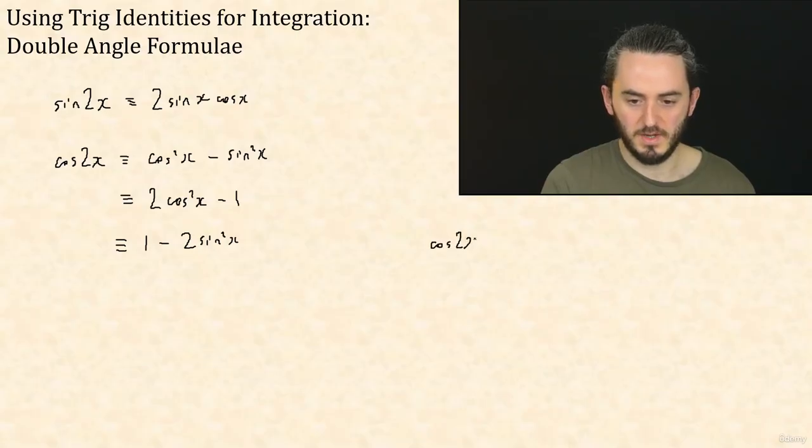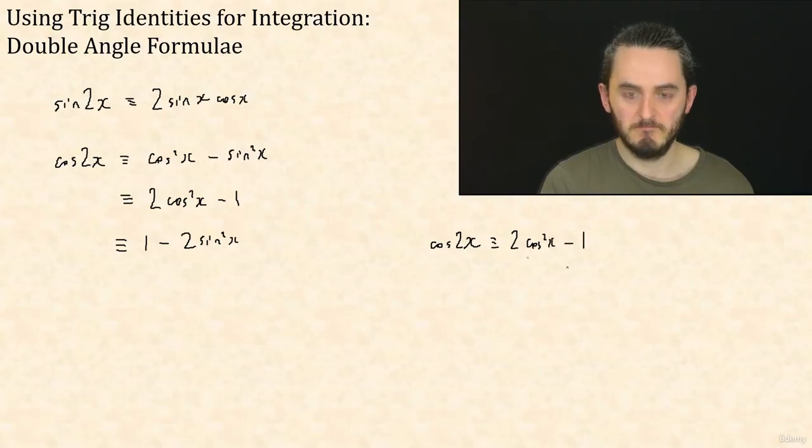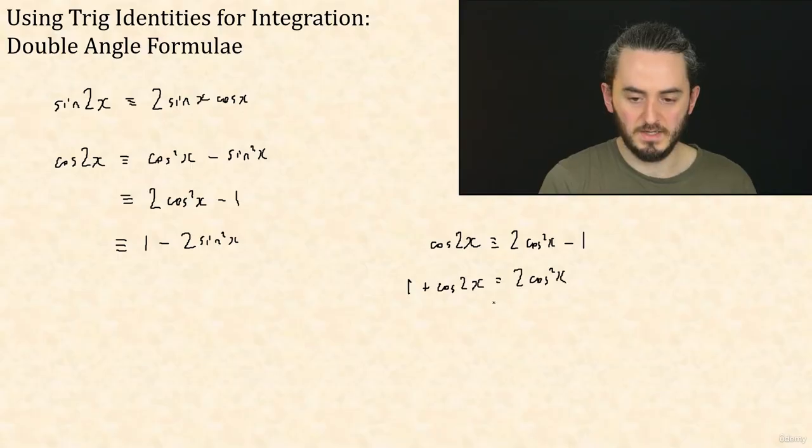Cos 2x is the same as 2 cos squared x minus 1. Rearranged, by adding 1 to both sides, I get 1 plus cos 2x equals 2 cos squared x, and then dividing through by 2, I get a half plus a half cos 2x equals cos squared x.